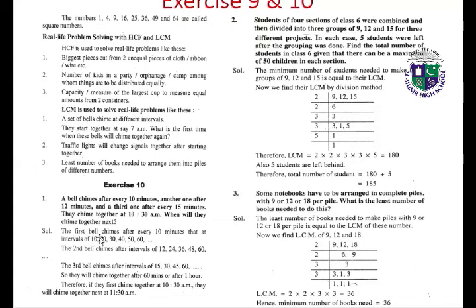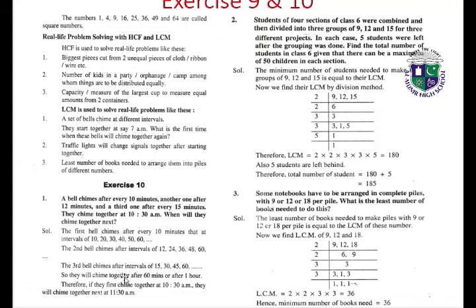The first bell chimes after every 10 minutes, that is at intervals of 10, 20, 30, 40, 50 and 60. The second bell chimes at intervals of 12: 12 ones are 12, 12 twos are 24, 12 threes are 36, 12 fours are 48 and 12 fives are 60.